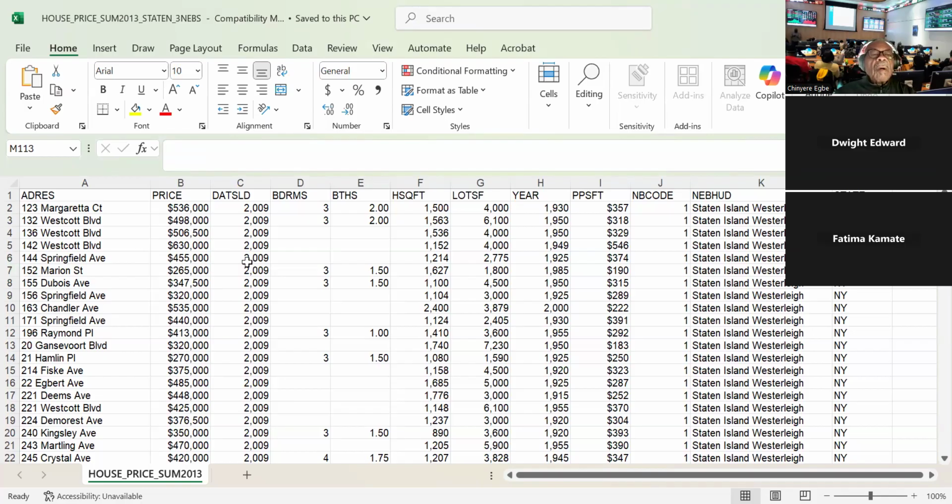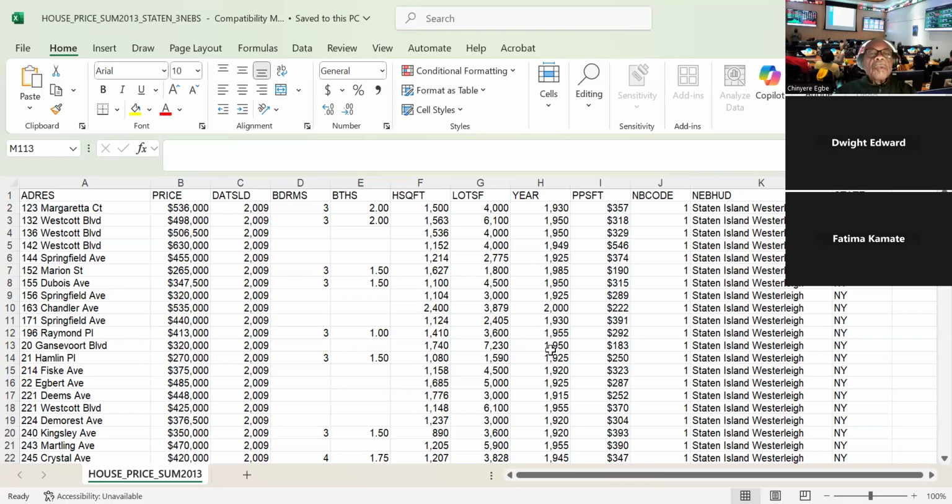You also have data on the year that houses were sold, the amount of living space in square feet, the lot size in square feet, the price per square foot. You can use any of these to calculate the mean, the average. A simple average is very easy to calculate.